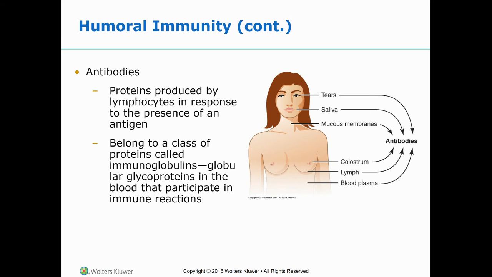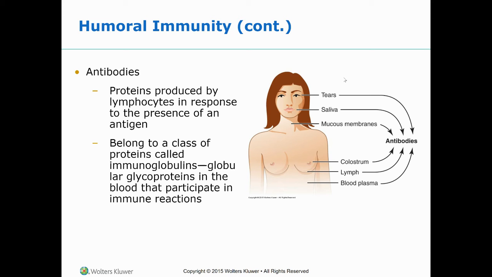Okay, with antibodies, essentially what they are is proteins that are produced by the lymphocytes. We call them globular glycoproteins, and you find them within a lot of different places. The colostrum that mothers produce in the first couple days has antibodies in it. That's the real good stuff. Your lymph obviously has it.